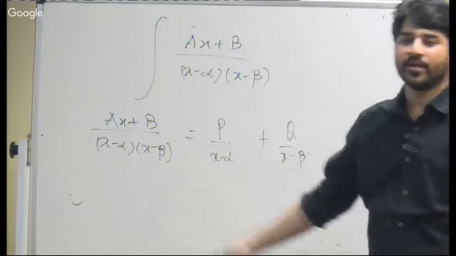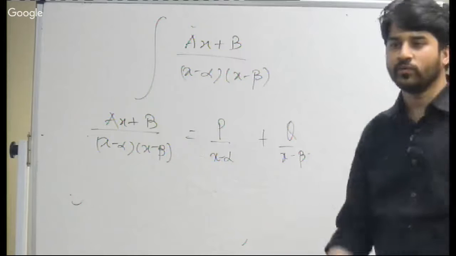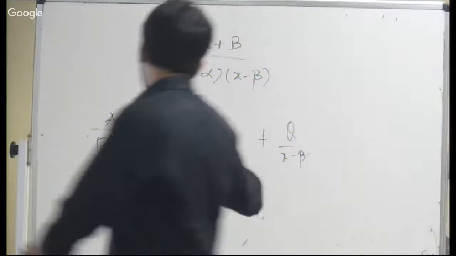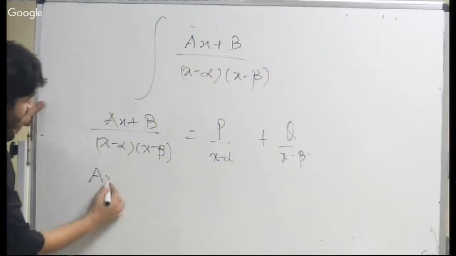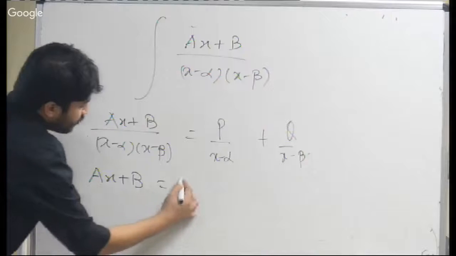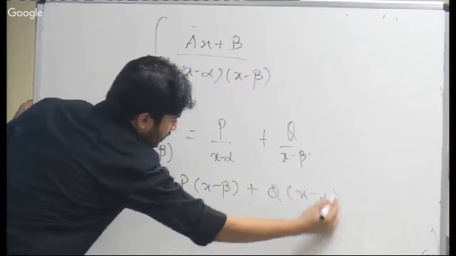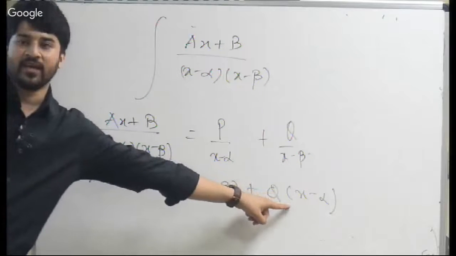Now the challenging part is, what is p and what is q? How to find p and q? I'm just simply going to say that ax plus b is equal to p into (x minus beta) plus q into (x minus alpha). For finding p, I'll put x as alpha.